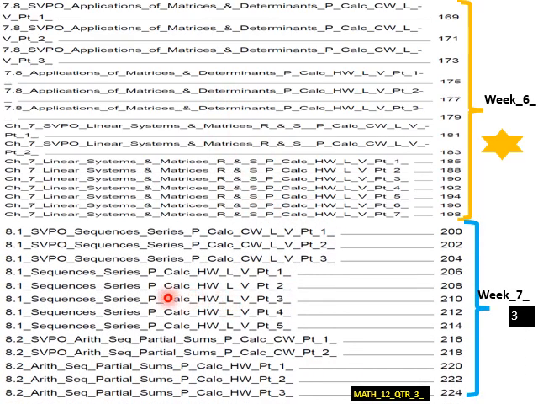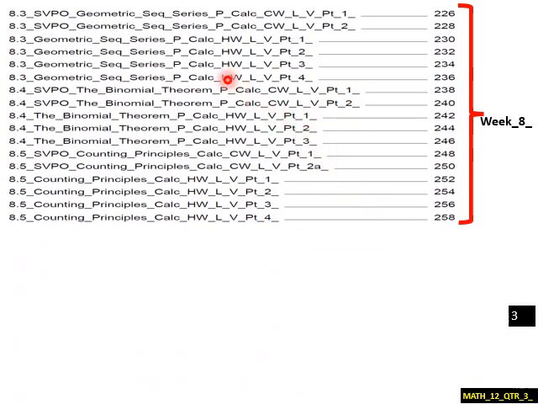And then week 7, we go into sequences and series, 8.1. And then 8.2 is arithmetic sequences, and then partial sums, 8.1, 8.2 for week 7. And then week 8, we get geometric sequences and series to start out week 8, 8.3.